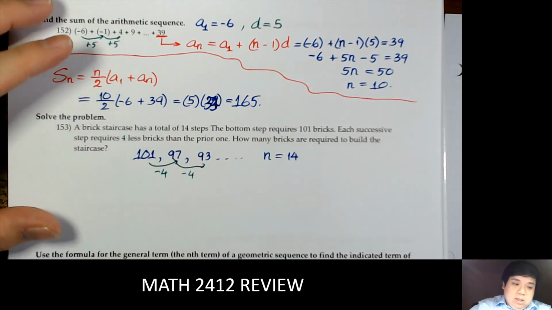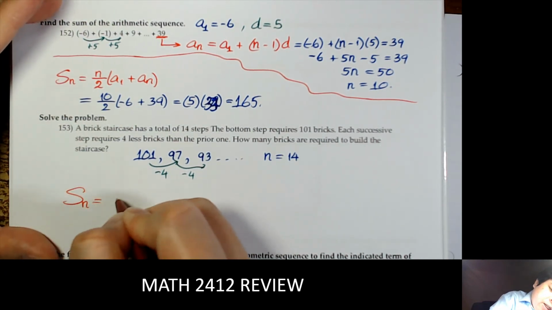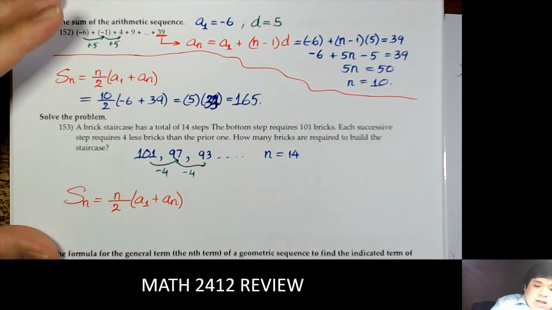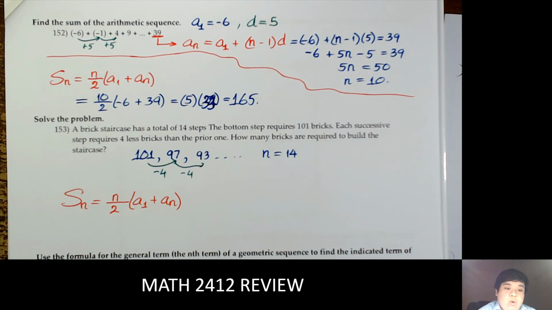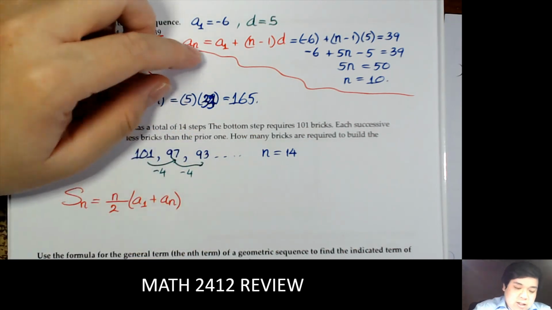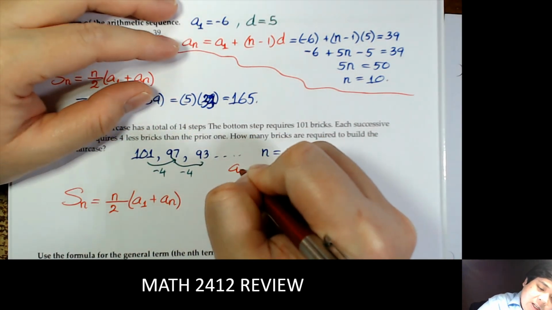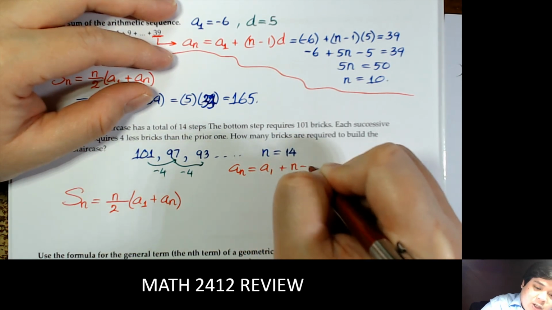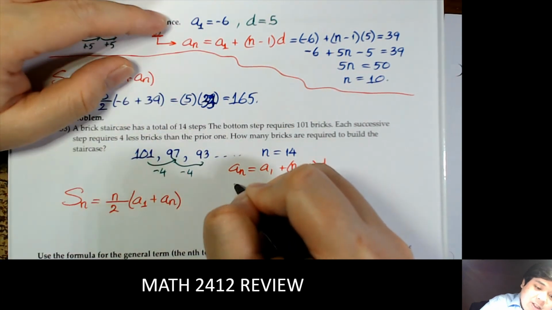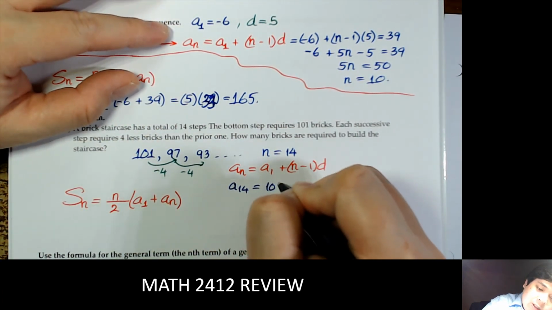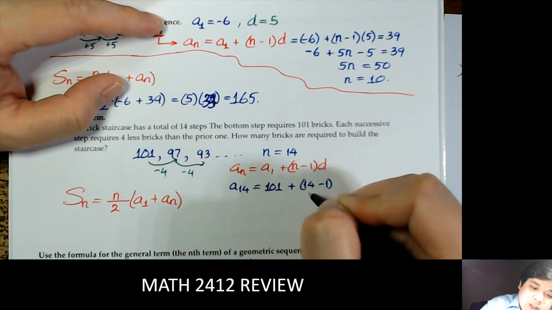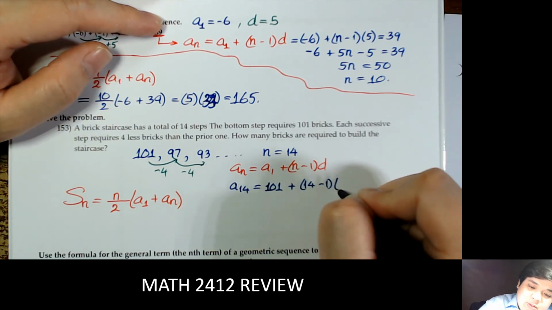Right, so the sum is going to be that. We know n is equal to 14. We know a1 is 101. Suddenly we can find an. So an equals a1 plus n minus 1 times d. We want the top step. 14 minus 1 times d, which is minus 4.